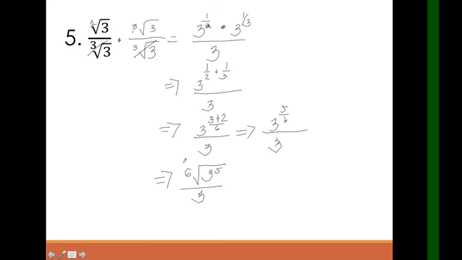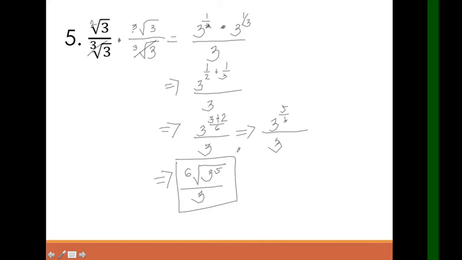Meron pa ba? Wala na, no? So, ito na yun. Last na to. So, that's all about the answer for the expression square root of 3 over cube root of 3, and that is equal to 6 root of 3 raised to 5/3.